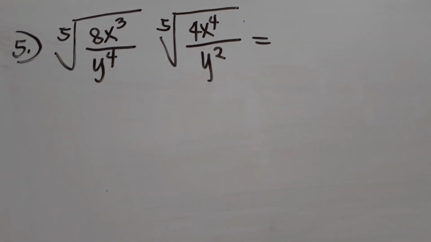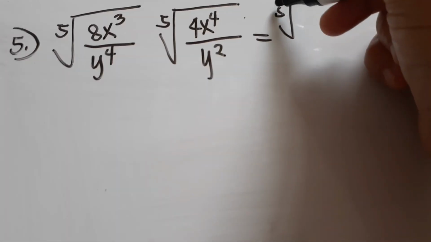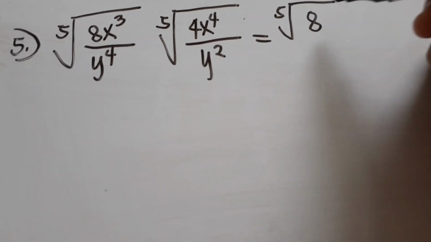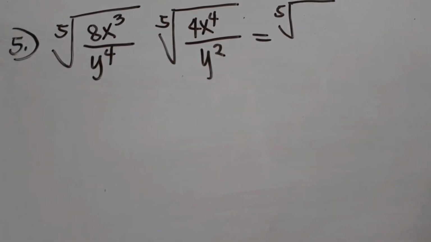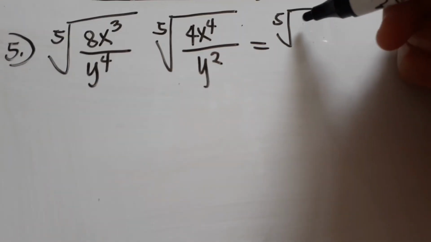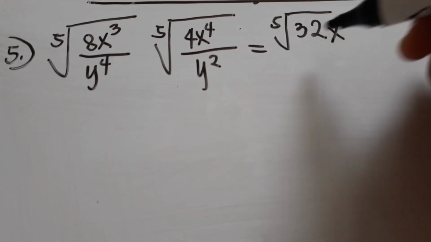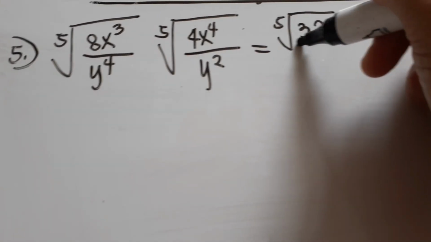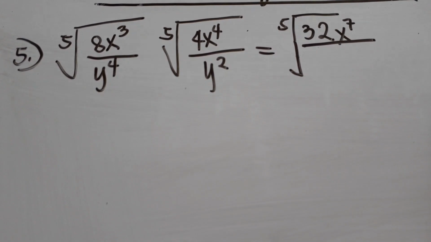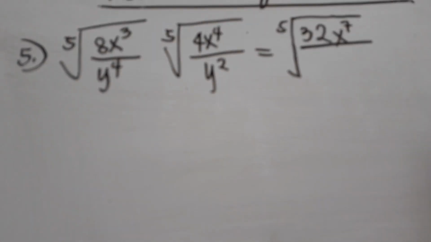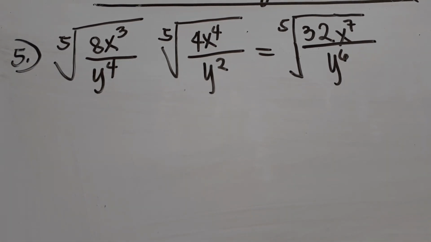Simply, we can multiply first before we rationalize, because in these two expressions, we cannot directly rationalize the denominator. So we multiply the fifth root of 8x cubed times 4, which is equal to 32 x raised to the power of 7. Then y to the 4th times y squared is equal to y to the 6th.